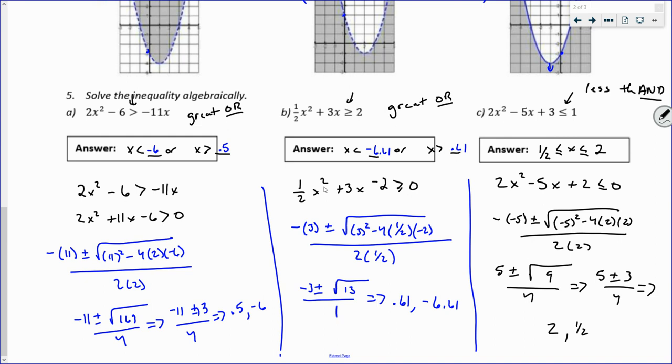Again, if you're having issues on these, this was a very minor part of this chapter, but it ended up being a big enough point total if you didn't know what you were doing.